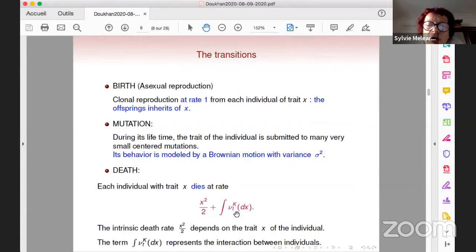Also for simplicity, here I take the total mass renormalized by K, of course, of the population to model the interaction between individuals. Okay, so that's in a certain sense the ecological part of the model here.